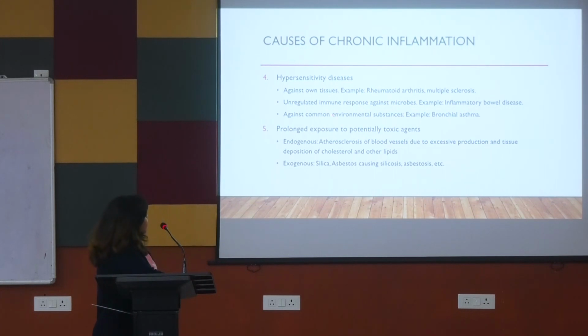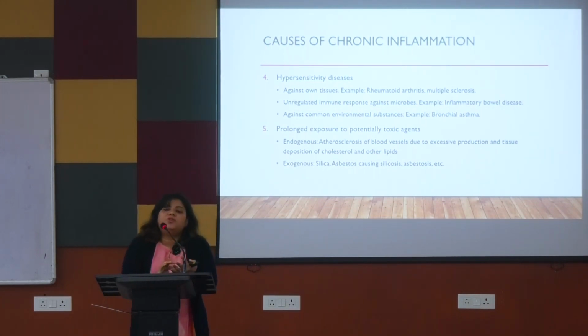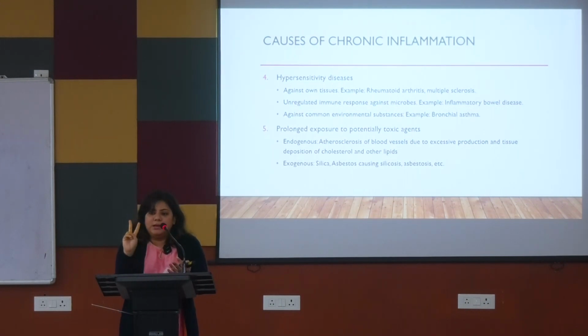Or there can be unregulated immune response against microbes. Now this is inflammatory bowel disease. Example is Crohn's disease. You know, inflammatory bowel diseases, there are 2 mainly. One is ulcerative colitis, another is Crohn's disease. You were talking about colon, somebody was saying colon, somebody was saying this, right, from that region. So what happens is, we have gut flora, normal commensal bacteria in our gut.